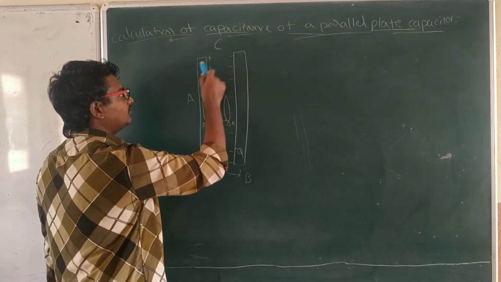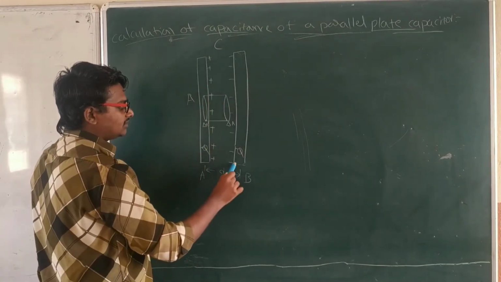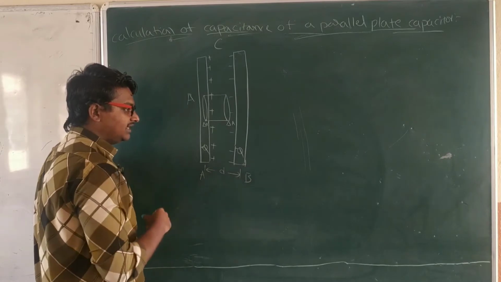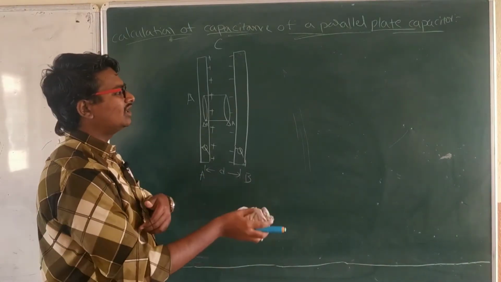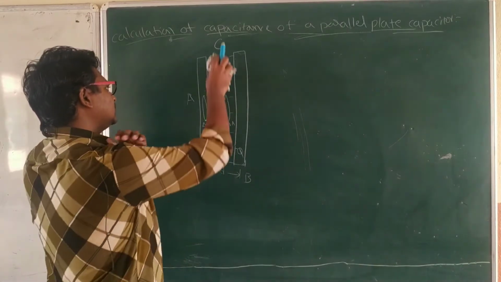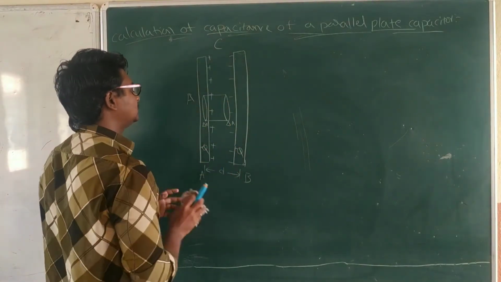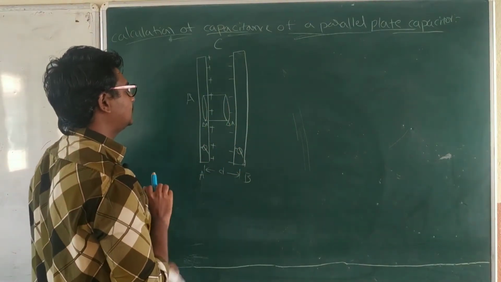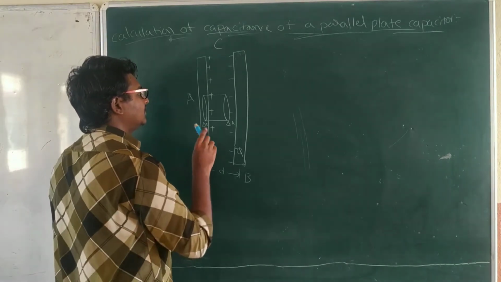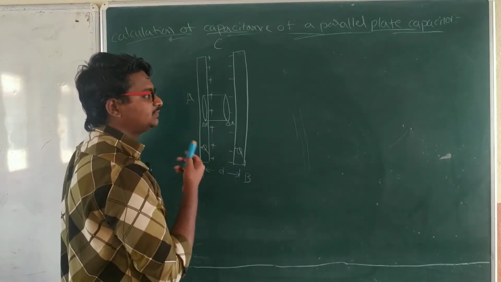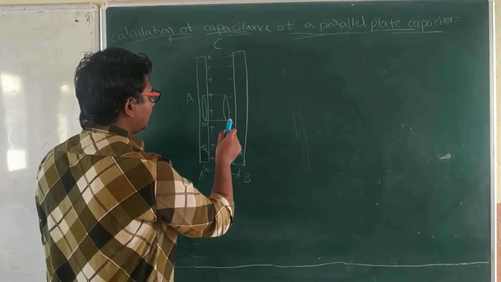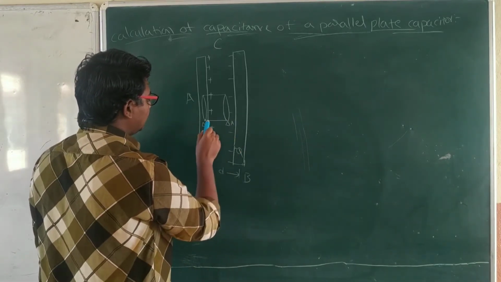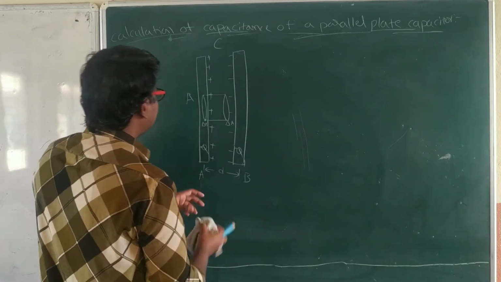And one thing we have to remember, the gap between the plates doesn't have anything, means no air medium or no water medium or nothing is there in between these two plates. Vacuum is present. Okay, right. It means here permittivity of free space we have to use simply. Now this is delta A and this is delta A dash.